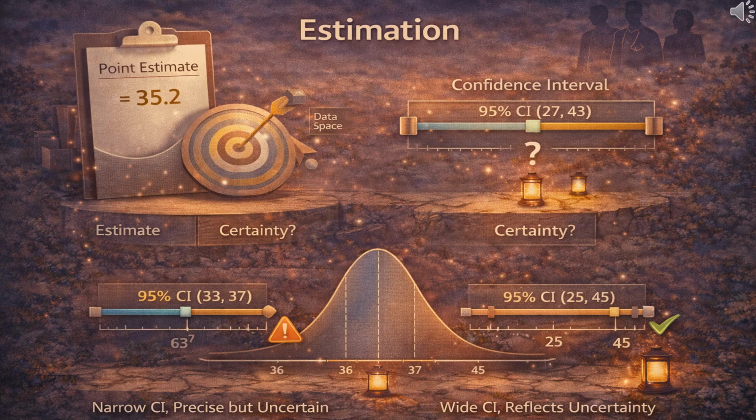A third example is repeated measures data, where treating repeated rows as independent would artificially narrow intervals. Properly accounting for correlation widens them to a more honest level. Design effects are often invisible unless you intentionally check for them, which is why they are a recurring theme in applied biostatistics.